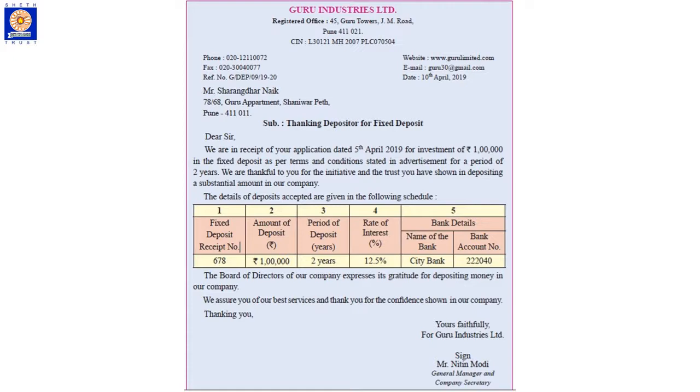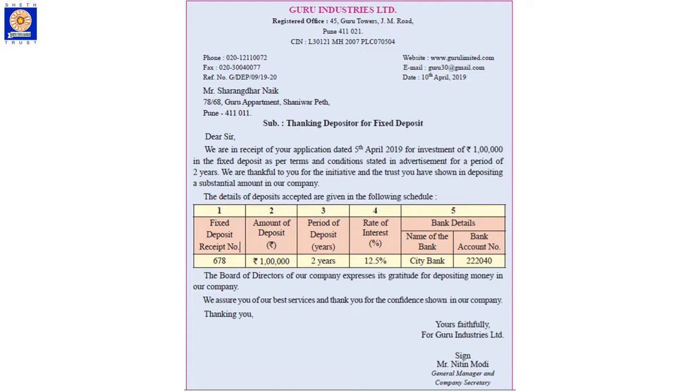Further, the main paragraph is given in tabular format. As you can see, there is no number of deposits like shares and debentures have. Here it is a sum amount which investors invest through public deposits. There are 5 columns. The first column is the fixed deposit receipt number, a 3-digit number, 678.